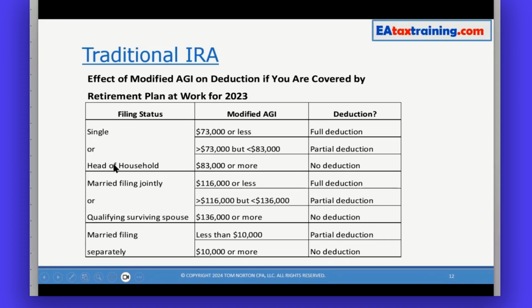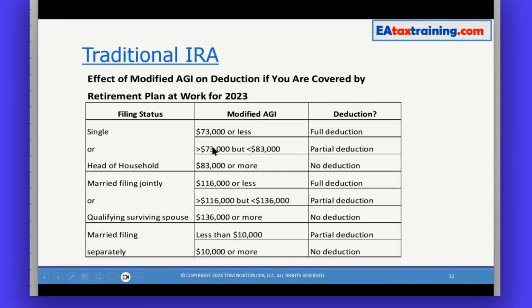If you are single or head of household and your modified AGI is $73,000 or less, then yes, you can take the full deduction. If it is $83,000 or more, you cannot take a deduction for making a contribution to a traditional IRA.